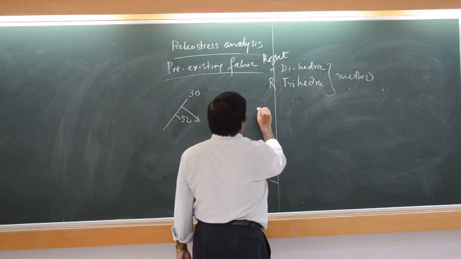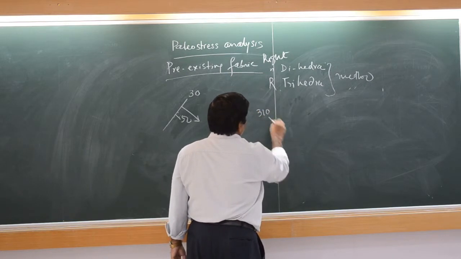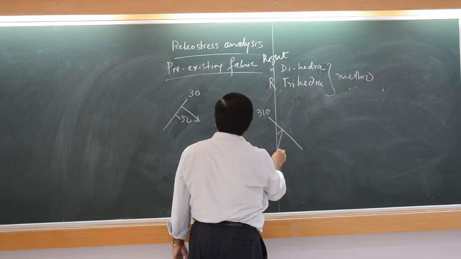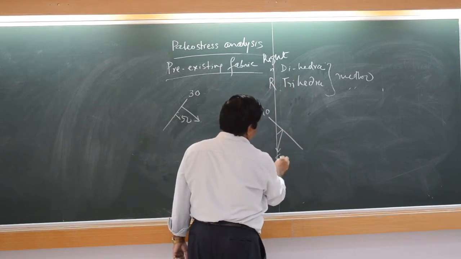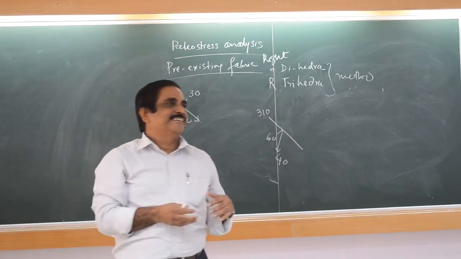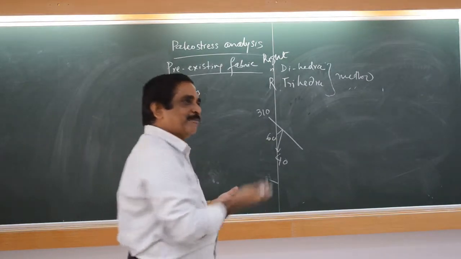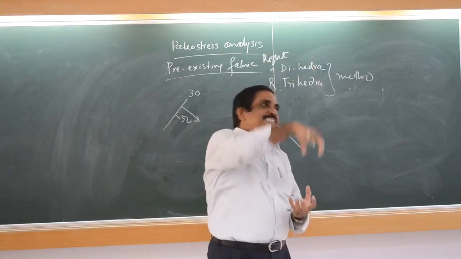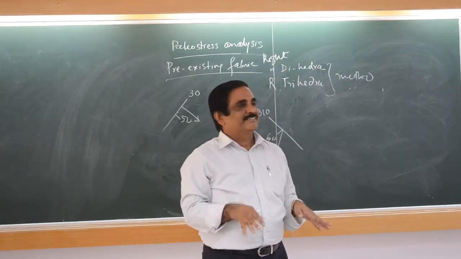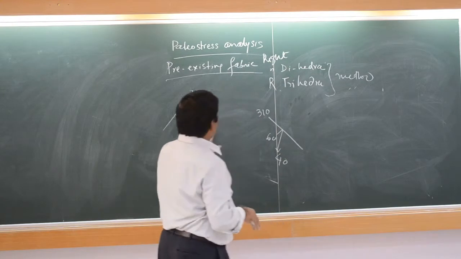There could be another, you know, 310 degree strike. The fault plane is this side. This could be, you know, 40 degree. Different orientation, na? It cannot be a single fault. See, when there are pre-existing faults, the same stress system will create faults of different direction. होगा कि नहीं? ये चीज बोलता है. So there will be different readings.